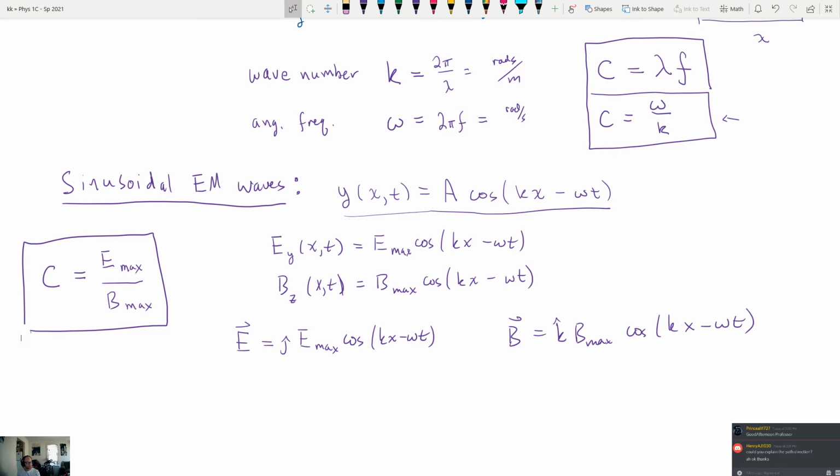Okay, the other thing that we can say about this is that the direction of the wave is going to be given by E cross B. So in this case, because E is in the j hat direction and B is in the k hat direction, what direction does this wave go?